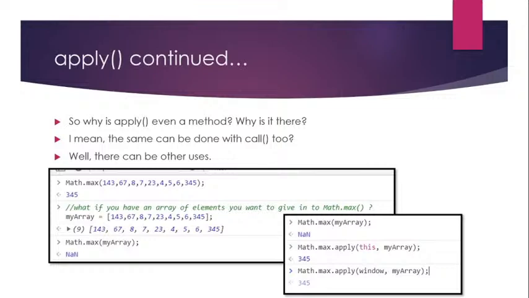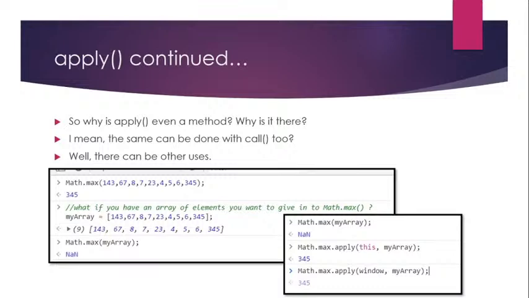Now, why is apply a separate function? Why can't we just go with call or bind with the previous versions? Like call was doing the same thing too. There can be other uses. For example, math.max is a function which calculates the maximum of all those parameters that are defined inside the max method, and in this case it's 345.